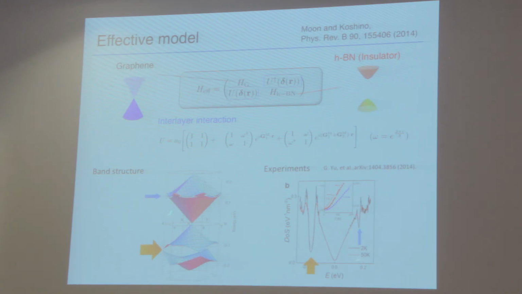The original Dirac cone is folded into the superlattice Brillouin zone of the moire, and somehow we have a larger gap on the negative energy side than on the positive energy side. This pretty much agrees with conductivity measurements in the experiment.